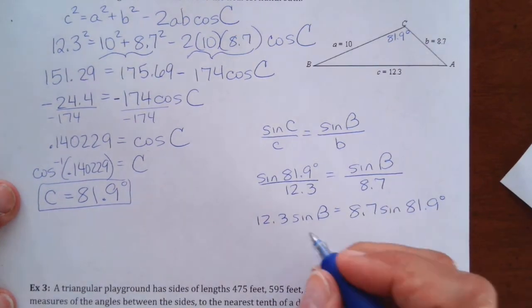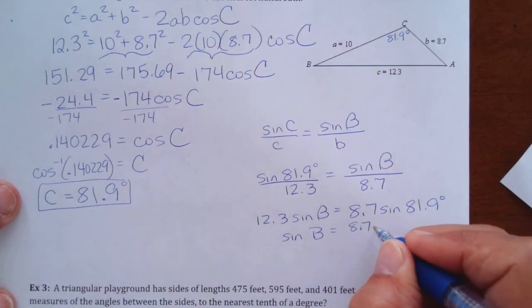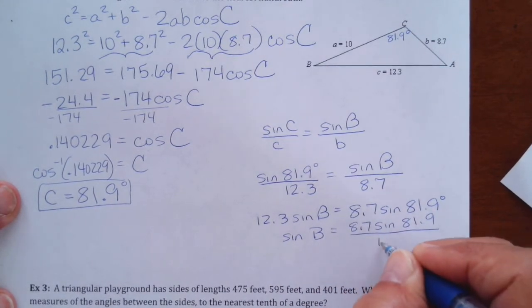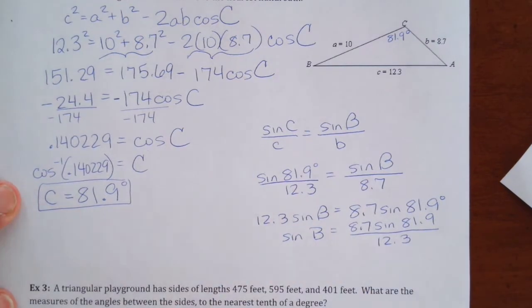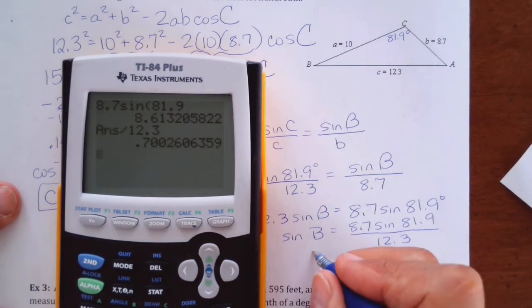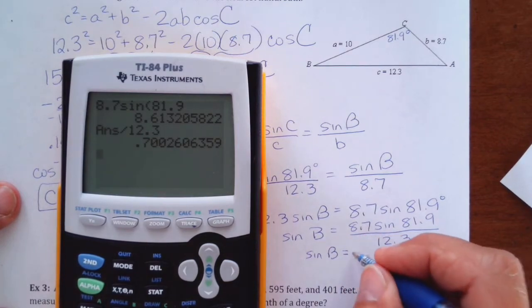Divide both sides by 12.3. Okay, and then we'll get that decimal, and then we'll take the inverse to solve. All right, so we've got 8.7 times the sine of 81.9, and then we're going to divide that by 12.3. So the sine of B is 0.70026.